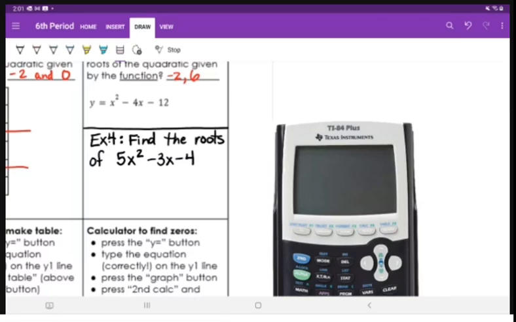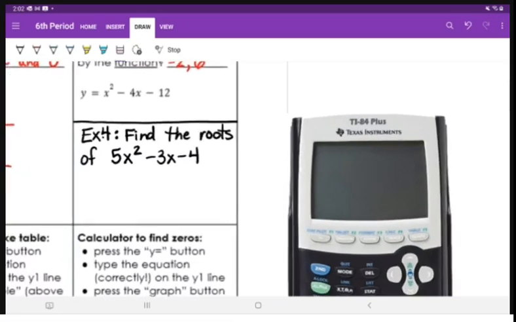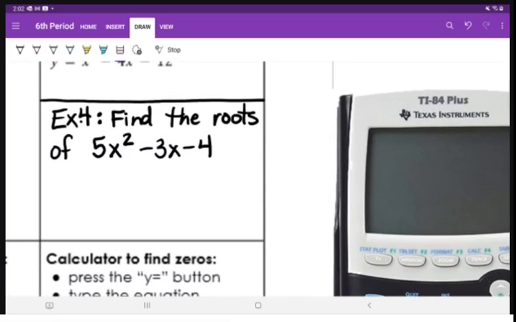We need to type this function into our calculator. So we hit the Y equals button, and there's already something written in there, so we have to clear that out. So the function that we put under our y equals before, we have to erase that. So erase everything from that page and start fresh. We type in 5x squared minus 3x minus 4.